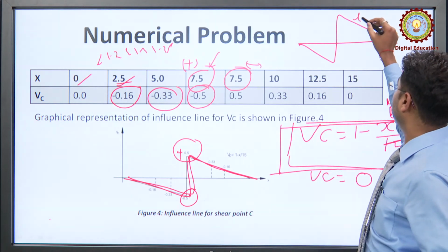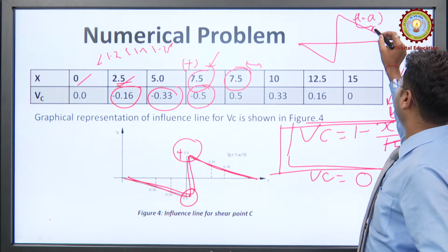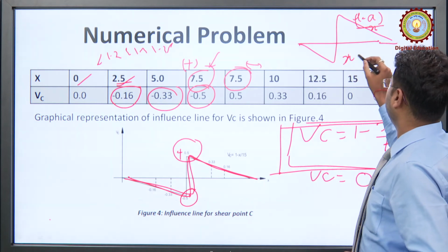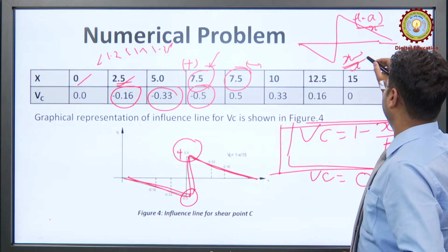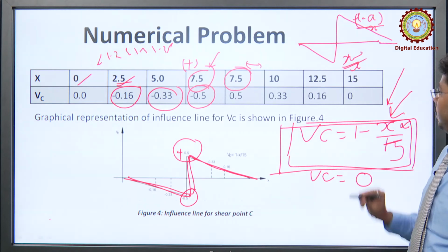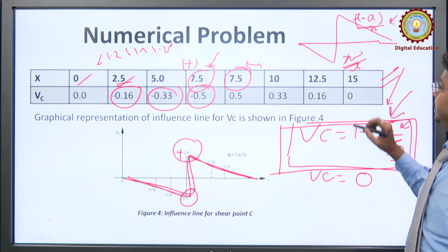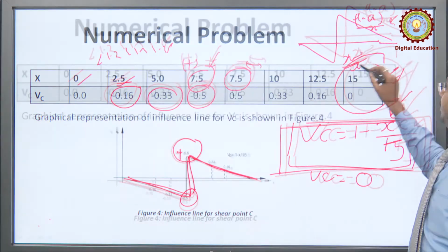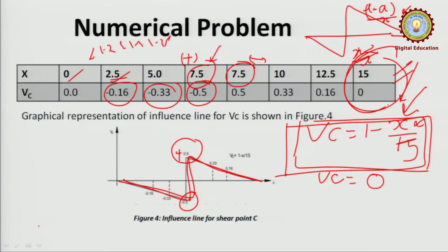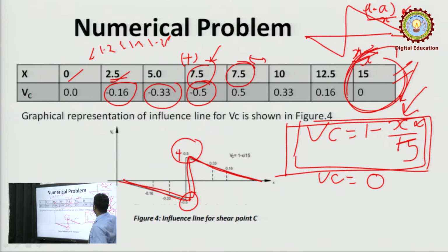This is the conventional method, X by L. This method is easier than that method, but that is too much time consuming. Because of that reason, we will follow this method in the examination as well as competitive exams.